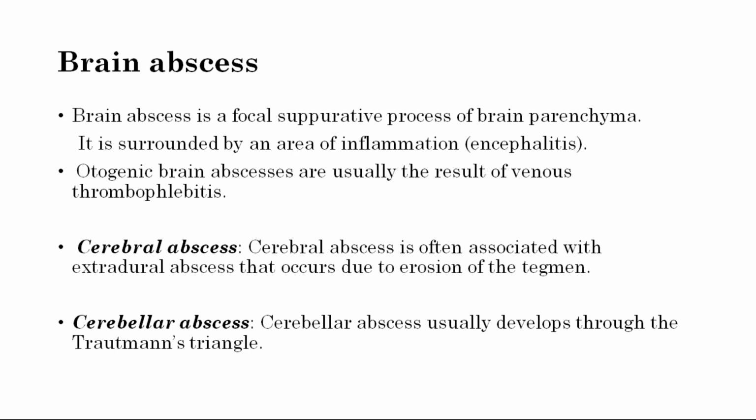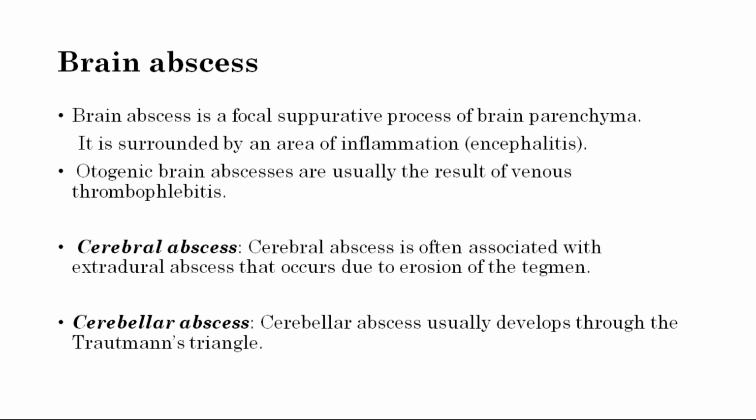So if the brain abscess results in a cerebellar abscess, then obviously you will have cerebellar symptoms like ataxia. The patient will have a broad based gait, dysdiadochokinesia, past pointing. All these cerebellar features will be there, vertigo and all.